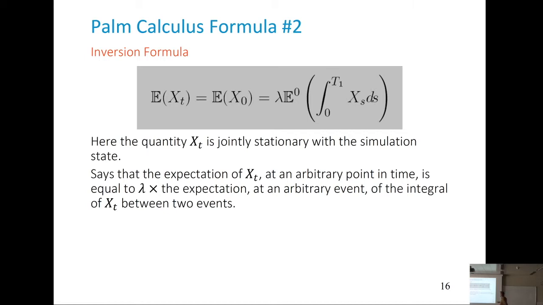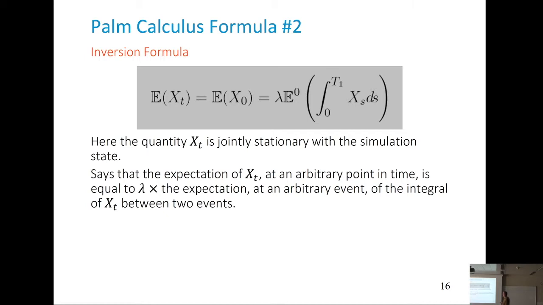So on the left, we have the time stationary viewpoint. That's what we obtain if we sample the system at an arbitrary point in time. Then it is equal to this formula. This formula is the intensity multiplied by the Palm expectation of something. Now the something is itself an integral, from 0 to t1.